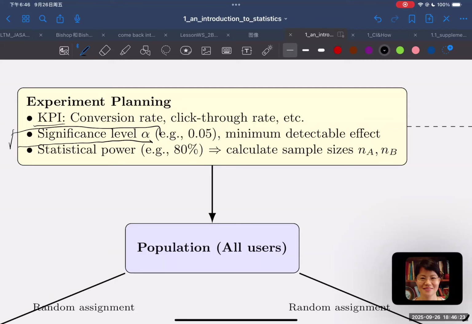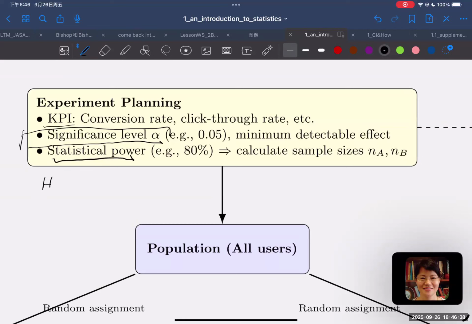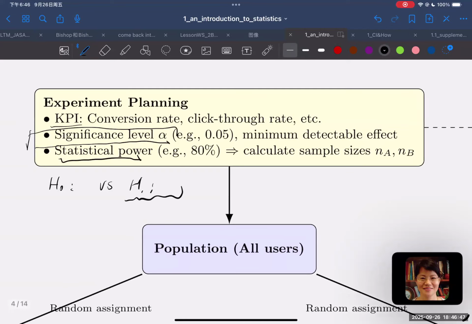The next one is the statistical power. When we have this, we have a specific formula. And usually if you can calculate a statistical power, that means what? You have the null hypothesis, you must have this, right? And under the null hypothesis, you would have some distribution, and accordingly you can calculate the confidence interval and more things.